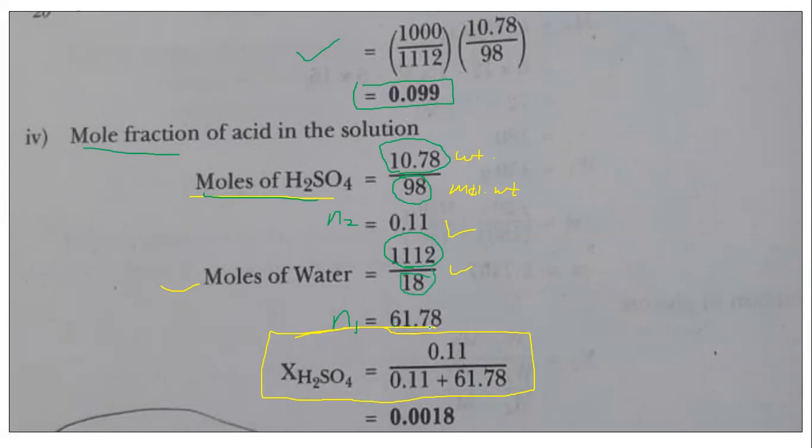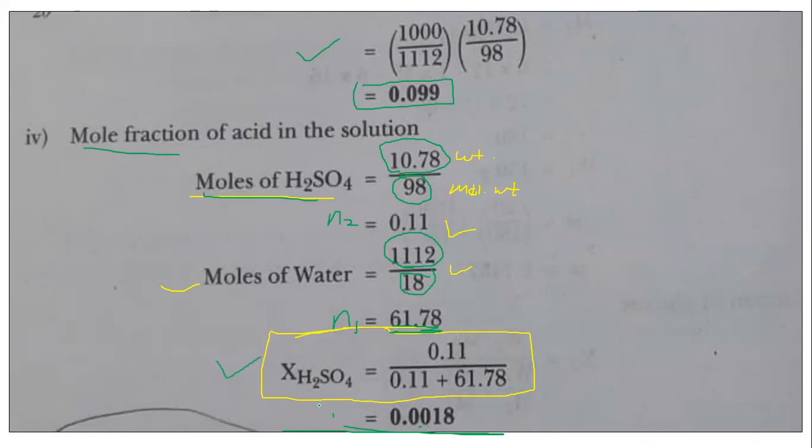So it was 61.78 moles. So here just put the values, and you will get the mole fraction for H2SO4. So what is the mole fraction of H2SO4? It's 0.0018. So we can easily find that out.